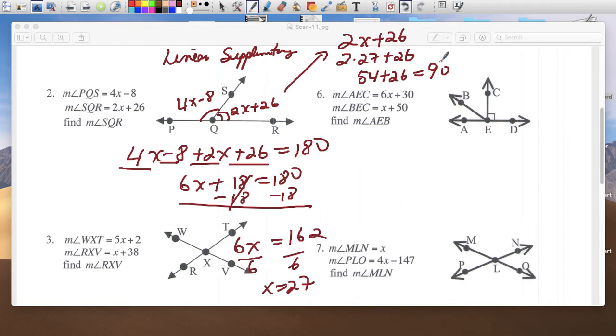Really? That doesn't look like a 90-degree angle. But I guess it's not to scale, it's just a picture. Unless I did something ridiculously wrong, that is the correct answer. So don't worry about the picture.